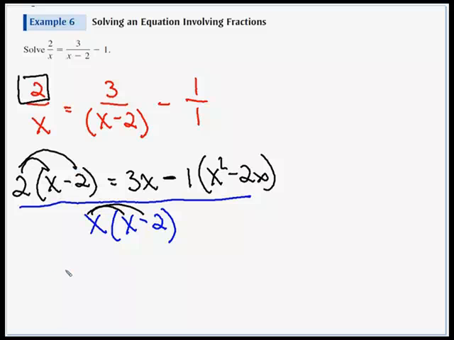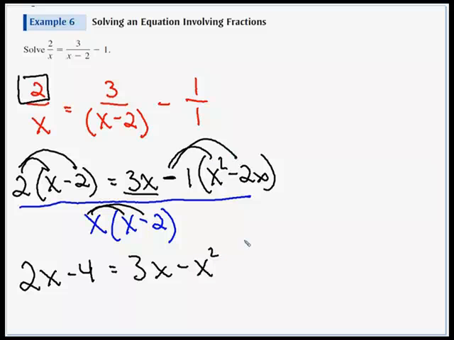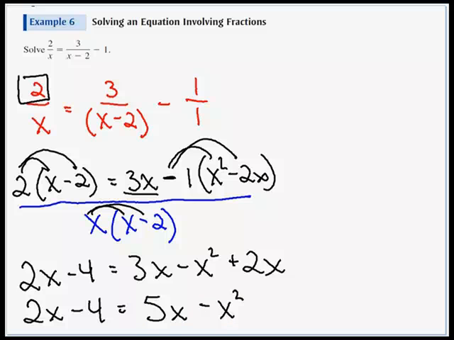So let's distribute these 2's. That'll be a 2x minus 4 equals 3x, and then we distribute this minus 1, minus x squared, plus 2x. And let's just combine those couple things we have on the right. 3x plus 2x is 5x minus x squared.